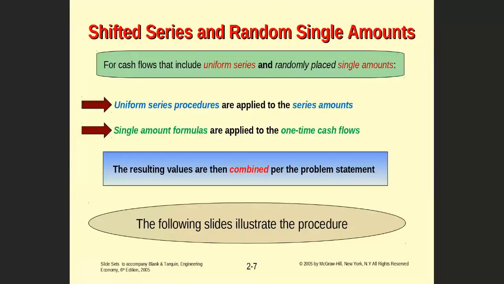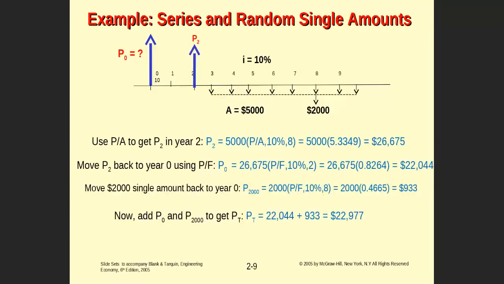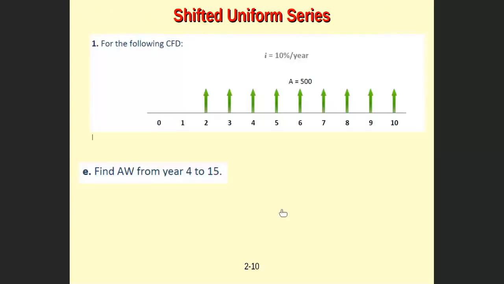The shifted series is going to be covered in the second part, which you will watch this week before Wednesday. It is when you have, for example, like here, equal values from year 2 to year 10, and you are asked to find this value either in the form of a single value in year 1 or in the form of another annual series, but from year, let's say, 4 to year 12, as the question here is asking to find it from 4 to 15.